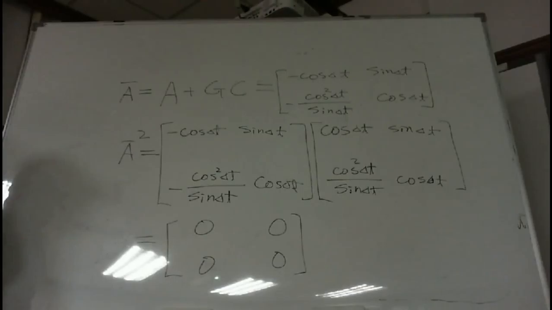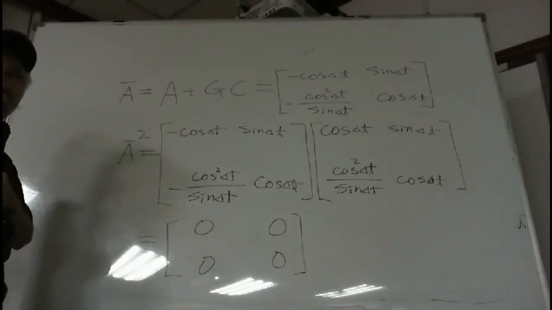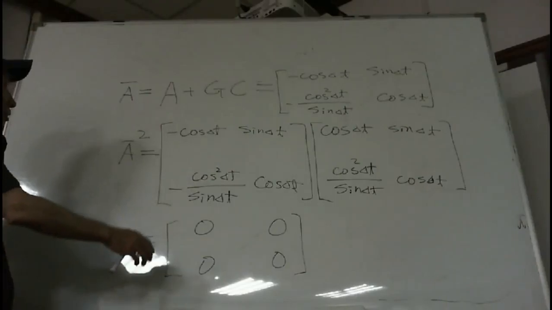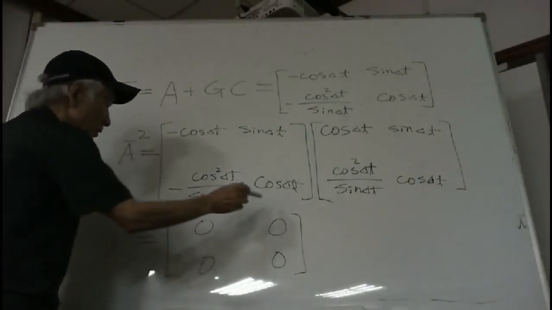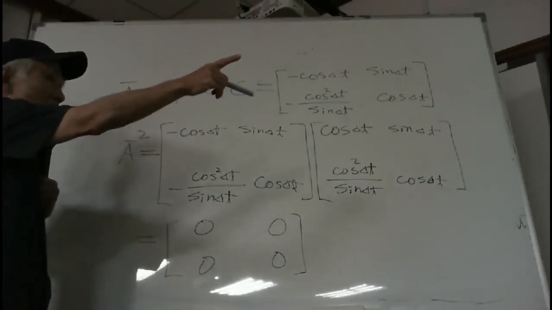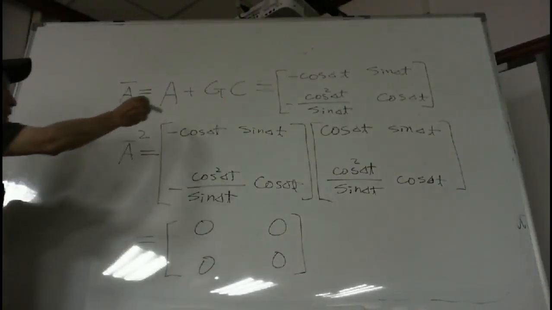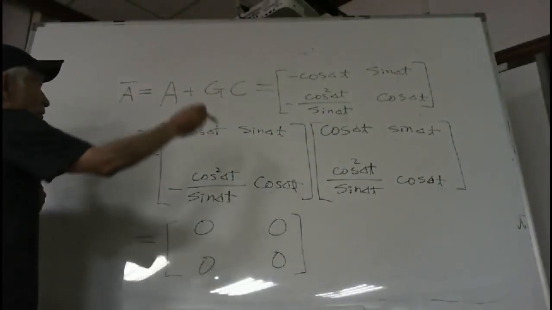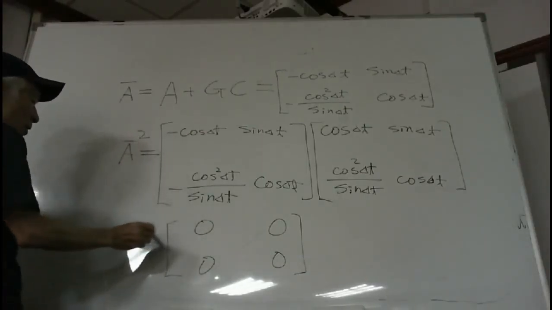Agree? Right? So that's G. If I don't give you this G, you can also solve it by yourself. I say, well, I don't know what kind of G I want, but A bar square becomes 0, 0, 0, 0. You can go back home and solve it. You will get my G exactly the same as mine. I give you A, I give you C, I don't give you G, but I say A bar square must be 0.